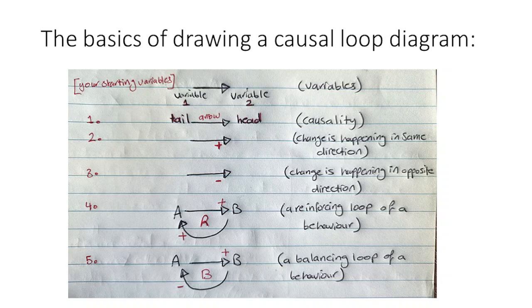If you see R in the middle of the loop, this indicates a reinforcing behavior in the same direction, so there is a systematic growth or decline. And if you see a B letter in the middle of the loop, that indicates a balancing behavior, and that moves the system in the direction towards equilibrium.